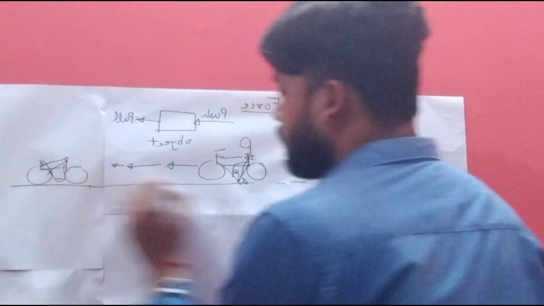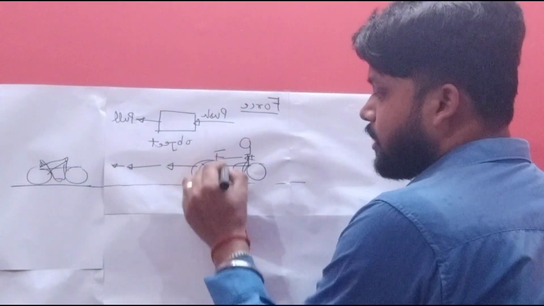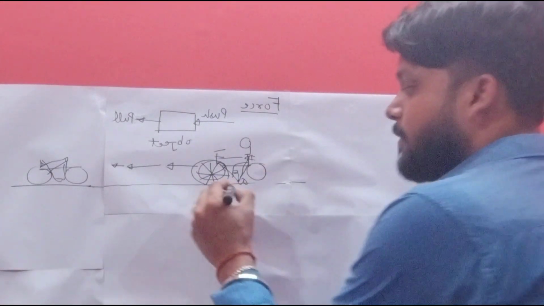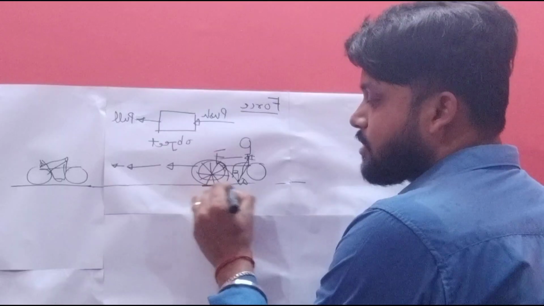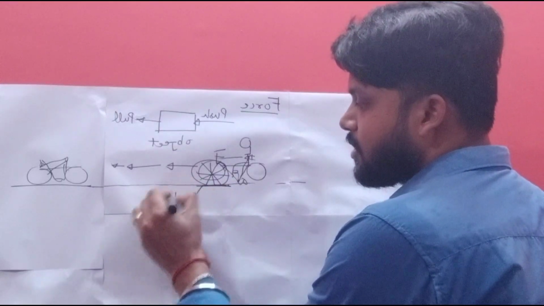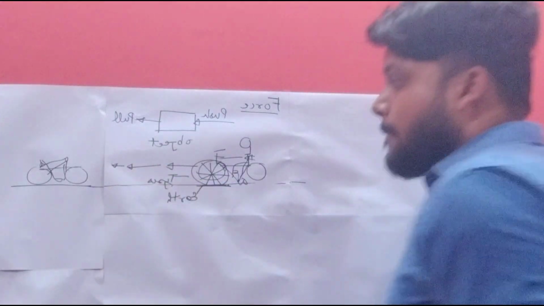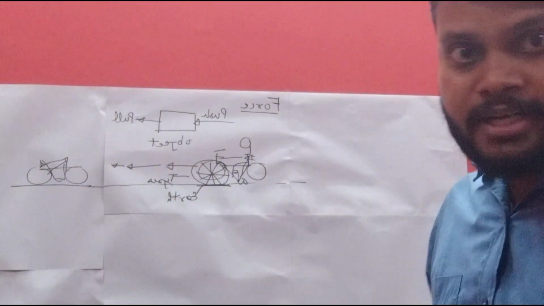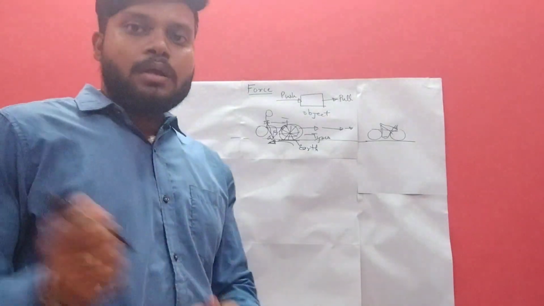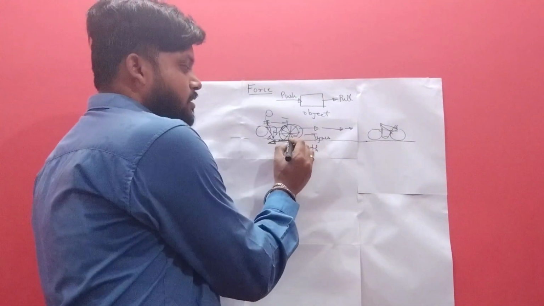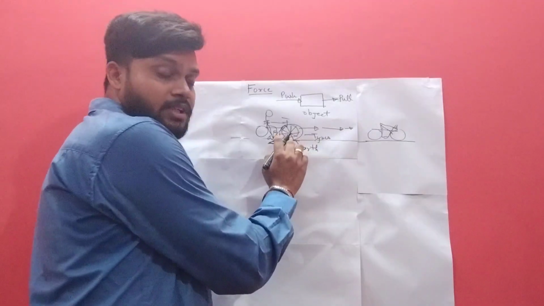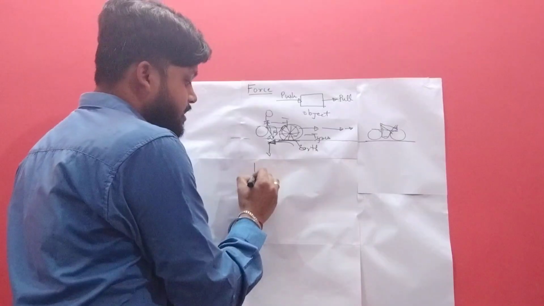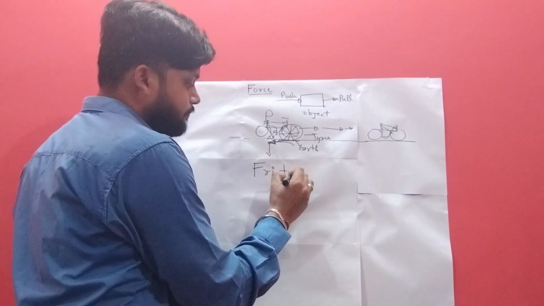Here on earth, there is a force being applied between the tires of your cycle and the surface of the earth. A backward force is being applied, which is called friction.